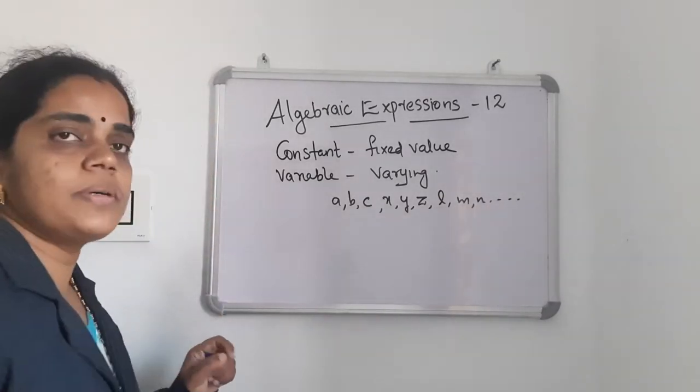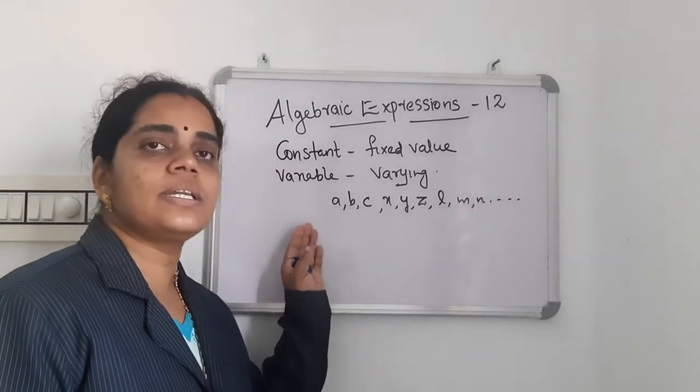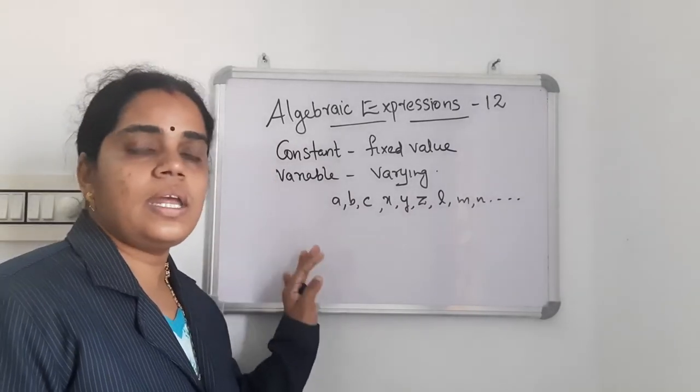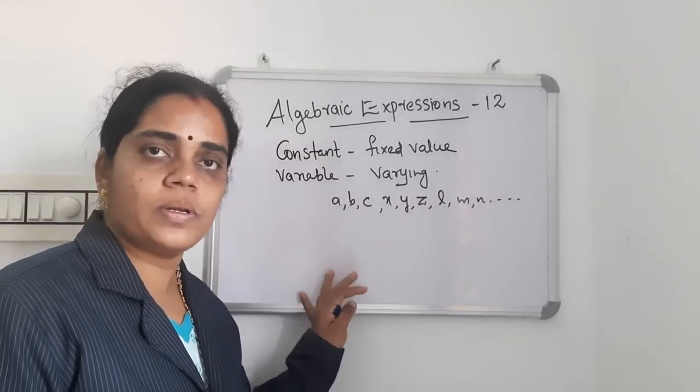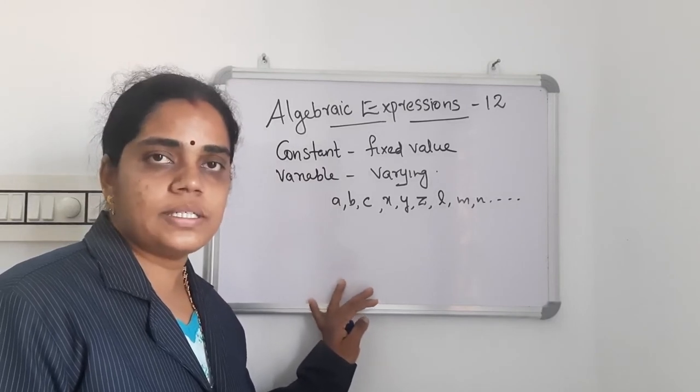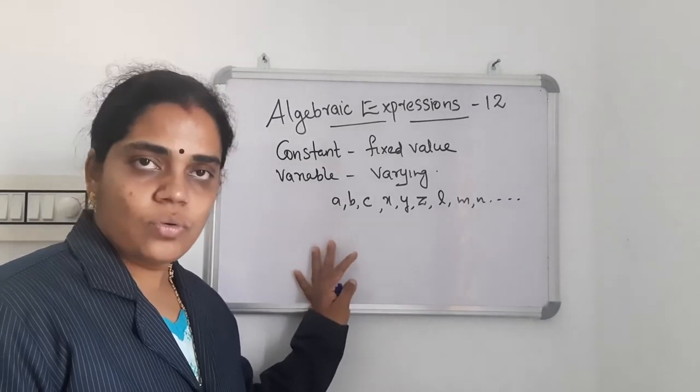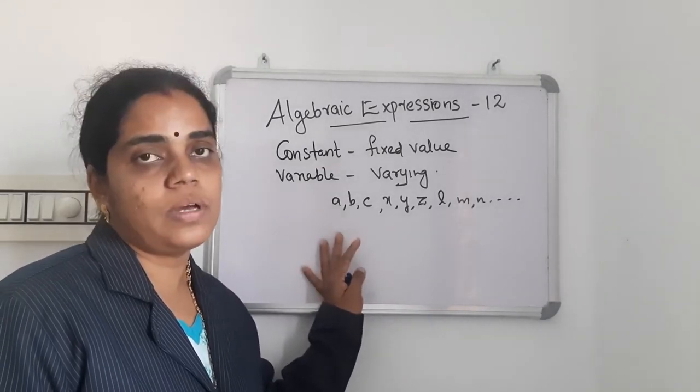Any English alphabet we can use to represent a variable. Then variables, constants and any one of the four operations. The four operations are addition, subtraction, multiplication and division. Any one of the four operations together form an expression.